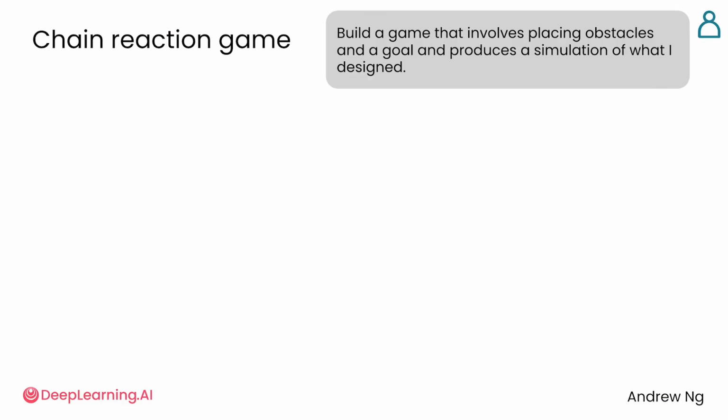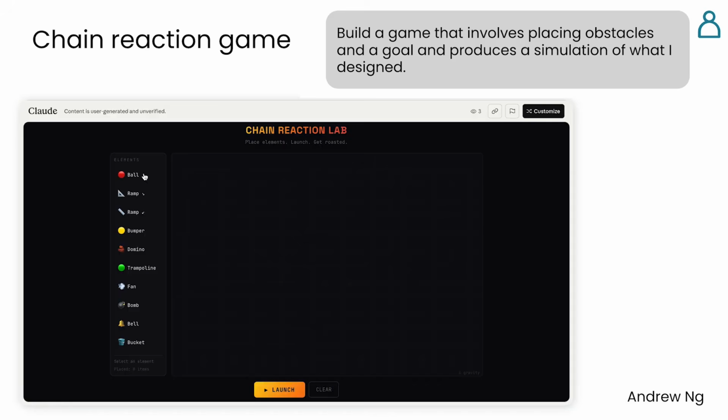Let's see some examples. Using this prompt, build a game where the user has to place obstacles and a goal, and it creates a simulation of what you design. Claude created this game, which you can play, and is actually pretty cool.